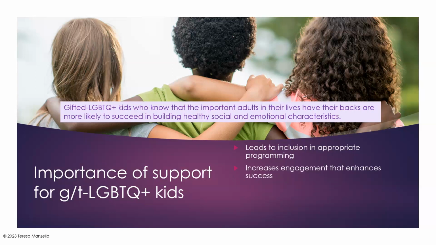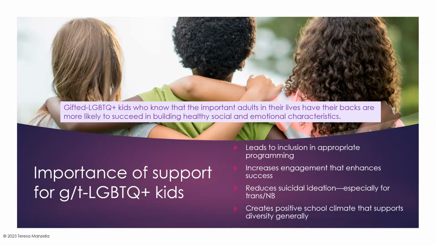They're more likely to engage with school and get better grades and show up, even if they're not always comfortable being there. This reduces suicidal ideation, especially for trans and non-binary kids. And it creates a school climate that supports diversity generally.